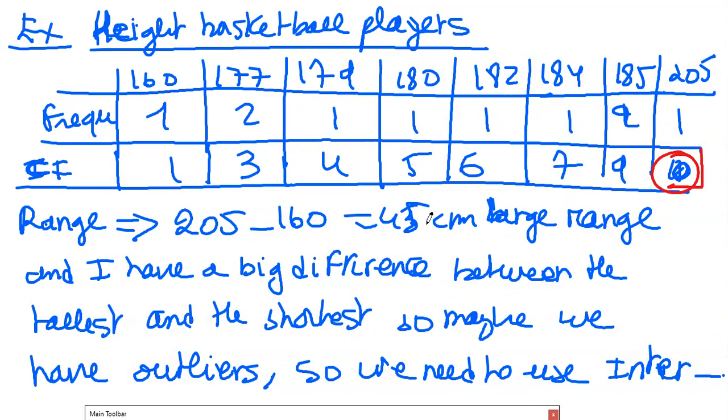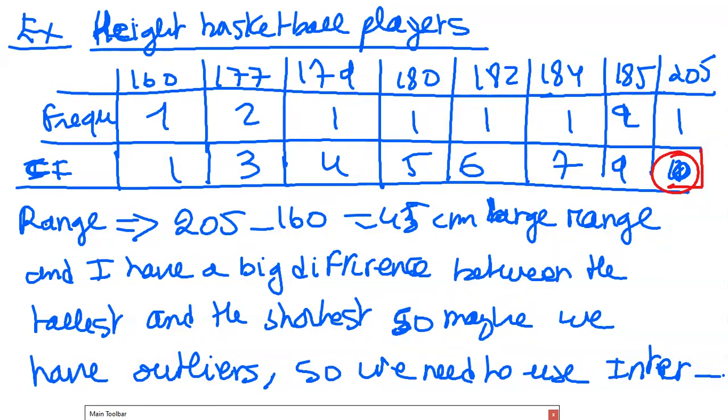If you look at the range of these values, the range is 205 minus 160, and it's 45 centimeters. And I can notice that it's a really large range. I have a big difference between the tallest and the shortest. So maybe we have outliers.